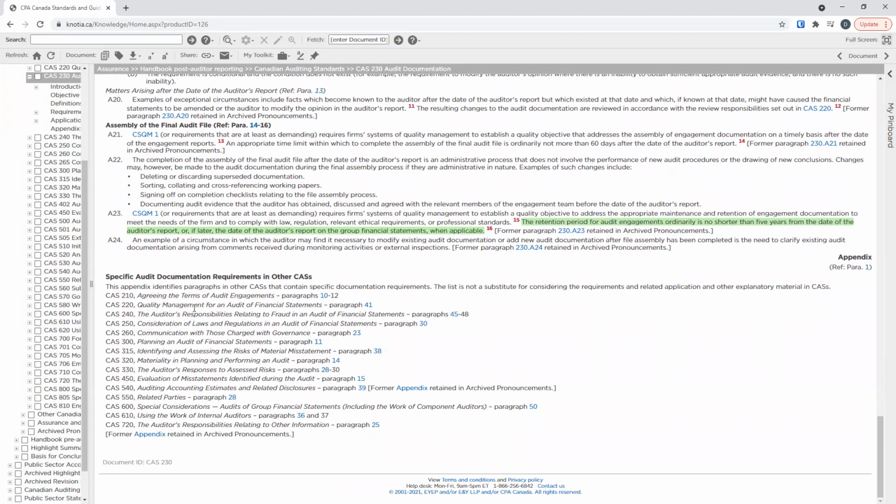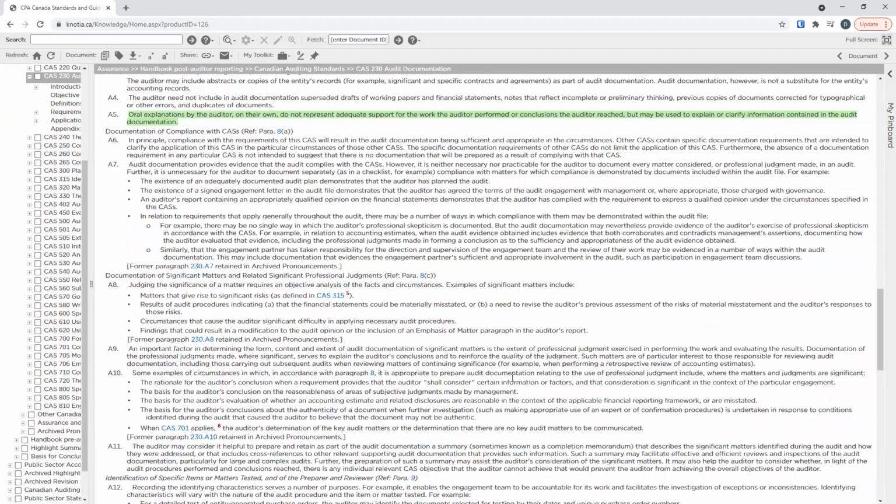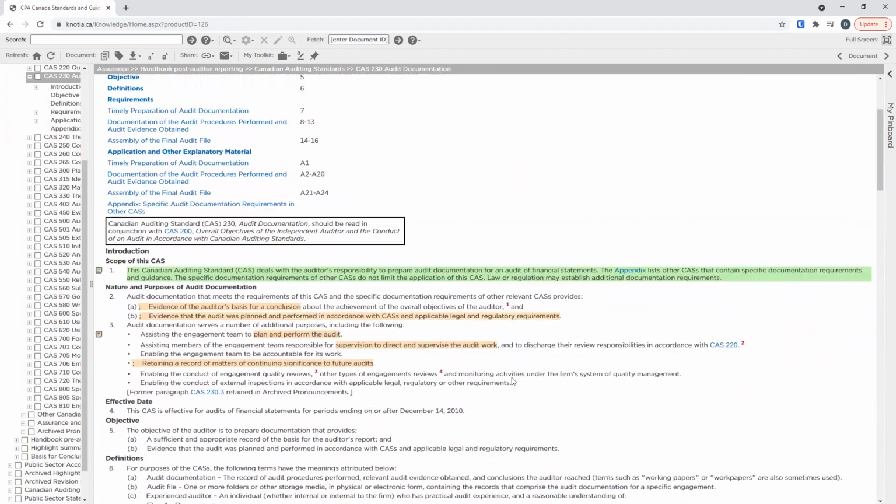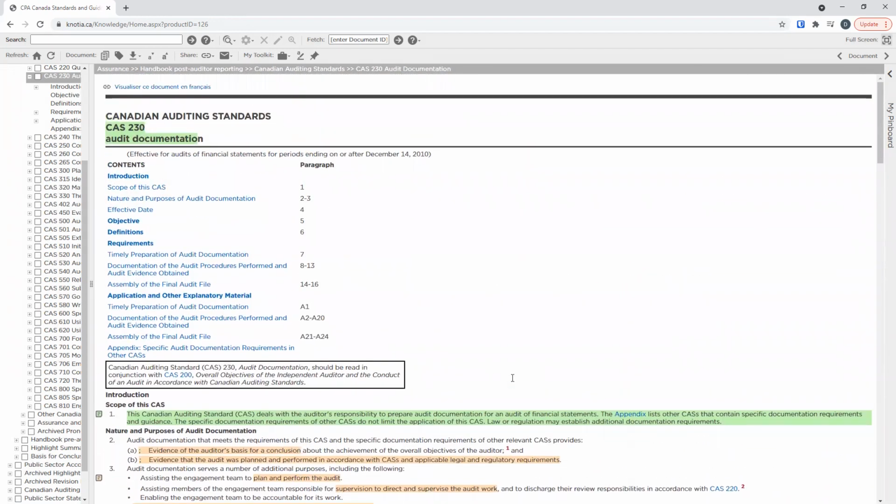All that goes as part of quality management. What is the team, what are the names of the audit team, related to fraud? This would be specific consideration. So all these CAS would give you the specific requirements of what documentation is required. So that's it for this standard, and I hope this is helpful to understand the standard better.